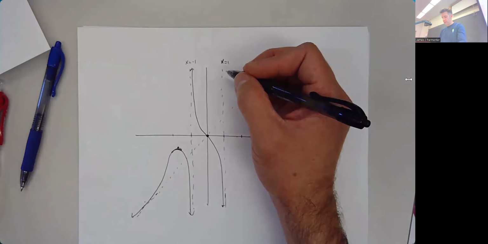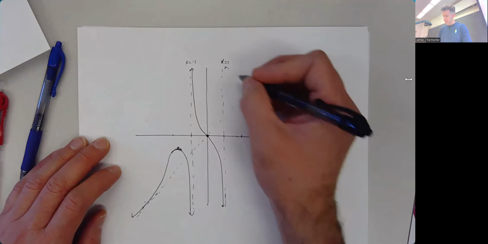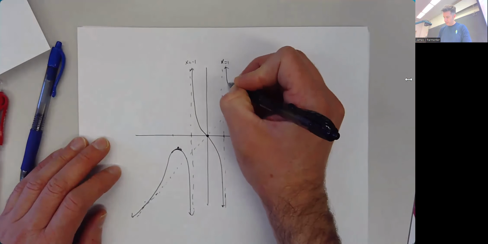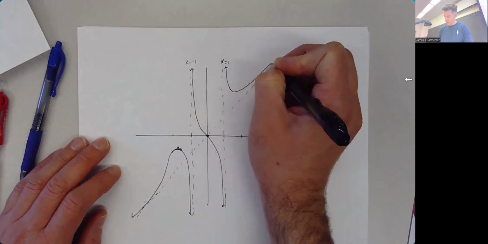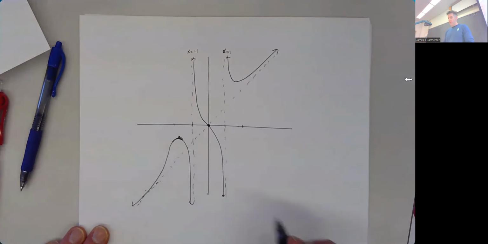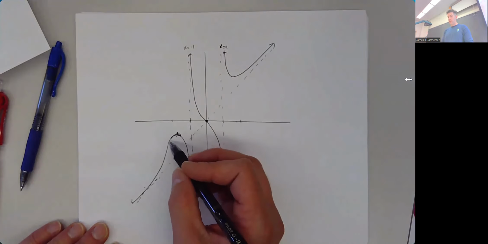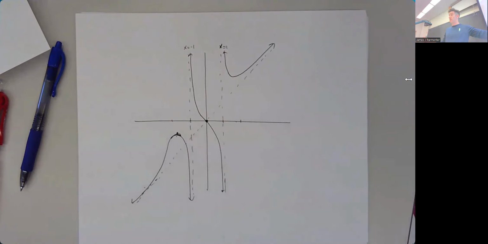Did I do something stupid? I might have done something stupid. Sorry. I'm trying to show you the right thing here. So I plotted a point that was probably not in the right spot. There's no good reason I should have crossed this slant asymptote. Not that you can't cross the slant asymptote. It is totally fine to cross the slant asymptote.